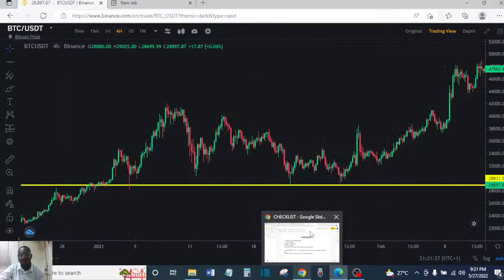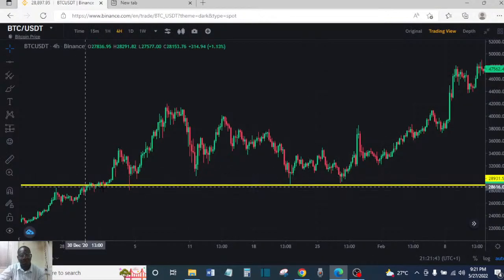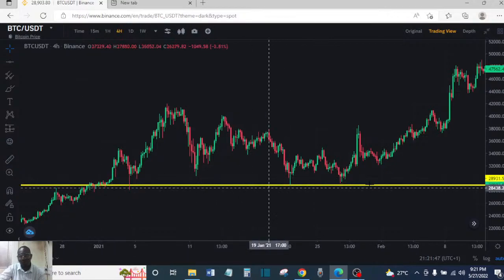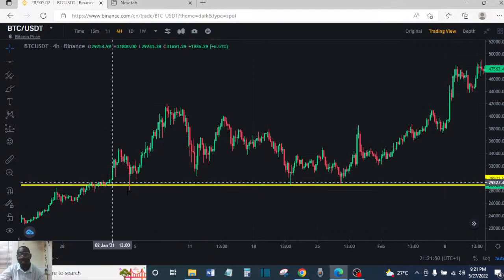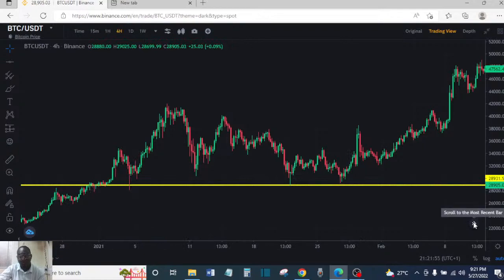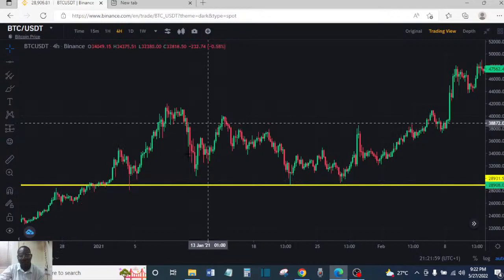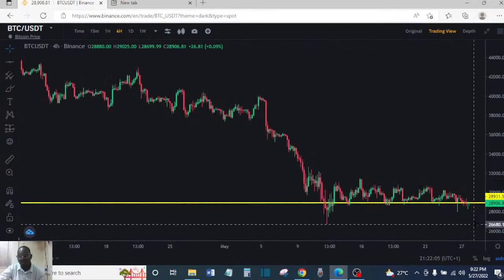After you determine that is your support area and you have confluence confirmed, that in time past this area has been an area of very great influence, you have a lot of price rejection at this area. Very, very important. Okay, now what next?